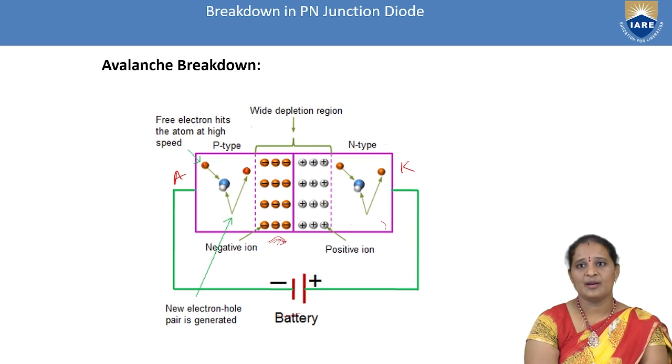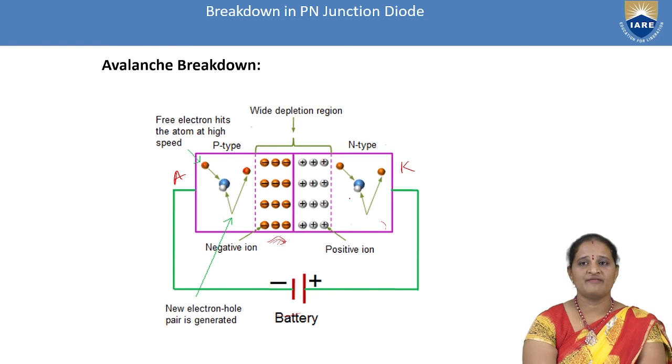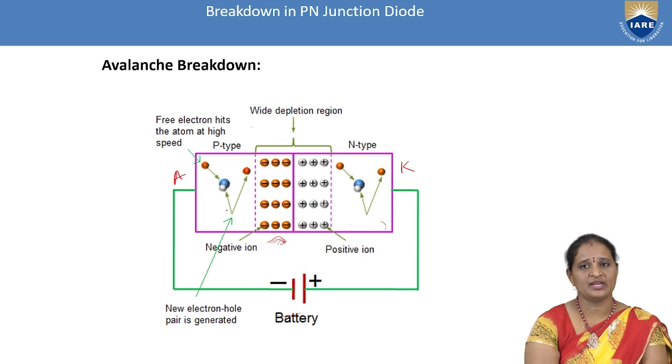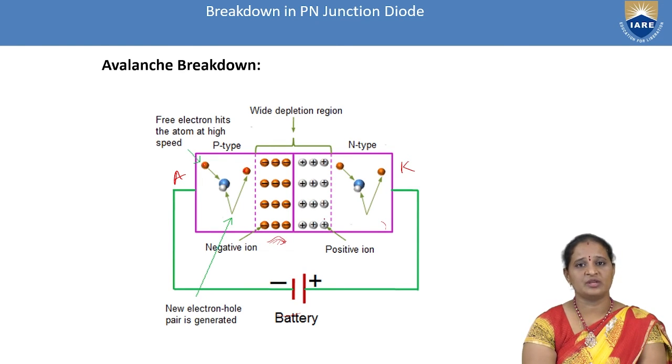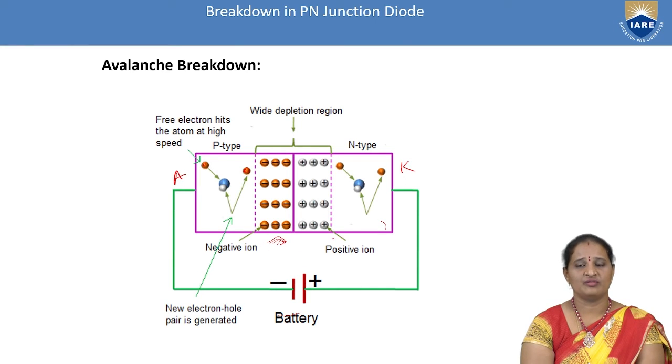This is my depletion region width, which is increased due to the movement of majority charge carriers away from the junction, leaving the donor atoms in the N-type region and acceptor atoms in the P-type region uncovered. These uncovered immobile ions join the depletion region, and hence its width increases. So under reverse bias condition, we have a wider depletion region.